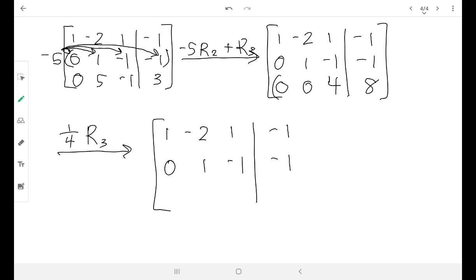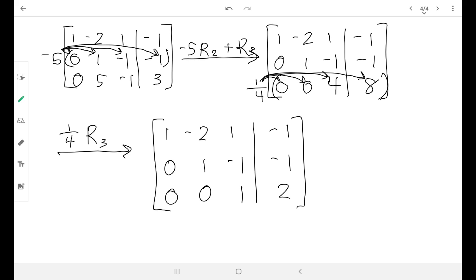So I'm multiplying this third row by 1/4, and if you multiply it by 0, you get 0, and if you multiply it by 0, you get 0, and then 1/4 times 4 is 4 times 1 over 4, which is 4 over 4, which is 1. And that was the goal, to make that 4 into a 1. And then I have to do this last one, 1/4 times 8 is 8 times 1 over 4, which is 8 over 4, which is 2.